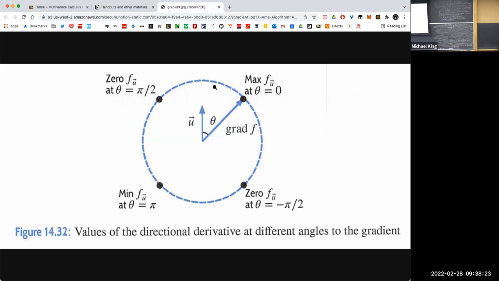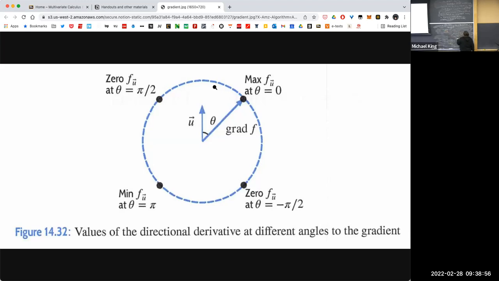Like I could actually do this, just draw a picture like I've done before. Imagine this is some contour map. So this is a contour map of some function.